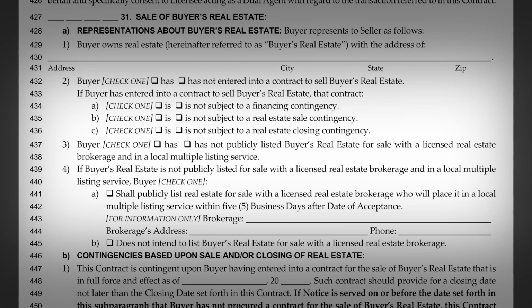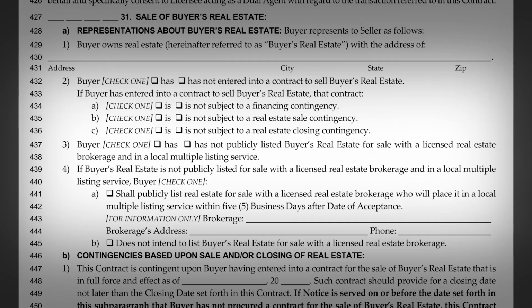Paragraph 3 in the sale of buyer's real estate talks about if the property is not already under contract, has it been or has it not been publicly listed? So is that property going to be publicly listed, say, on our MLS?